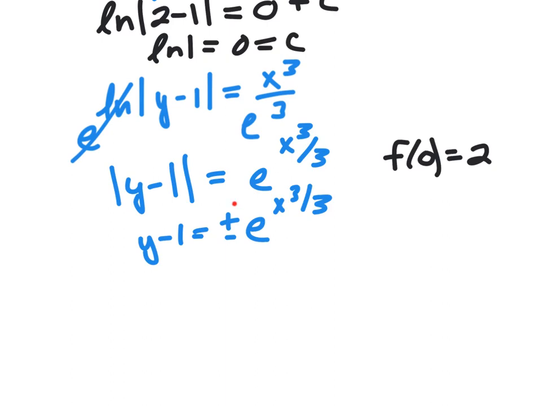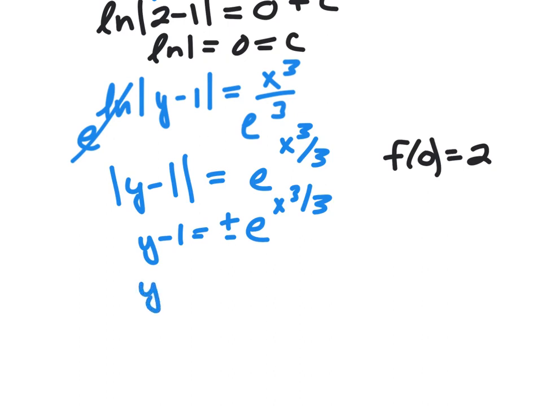And so to figure out if it's the positive or negative version of this equation, I go back and look at my point and see, well, where is that actually located on the graph? Well, this is the point 0, 2. The y value is positive, which means I'm going to keep the positive version of this equation.